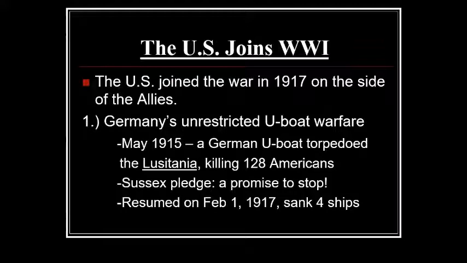It was sunk with a torpedo, and it actually killed well over 100 Americans. The American public is up in arms over this. Just like, how could they do this?